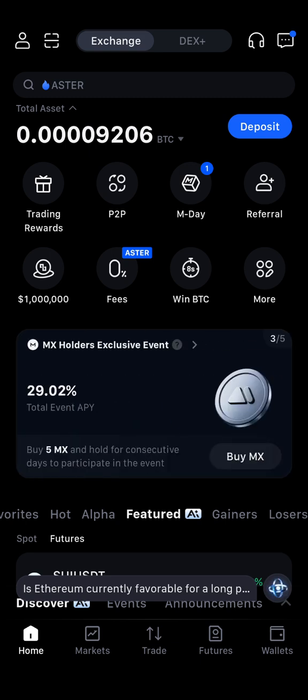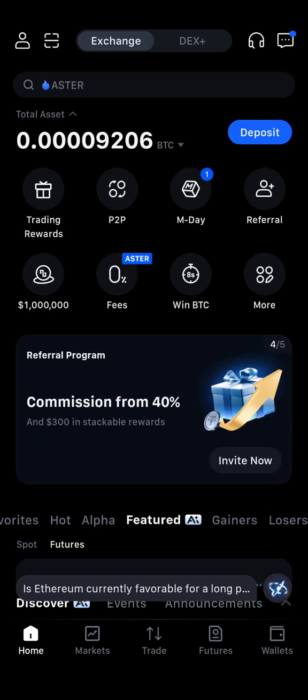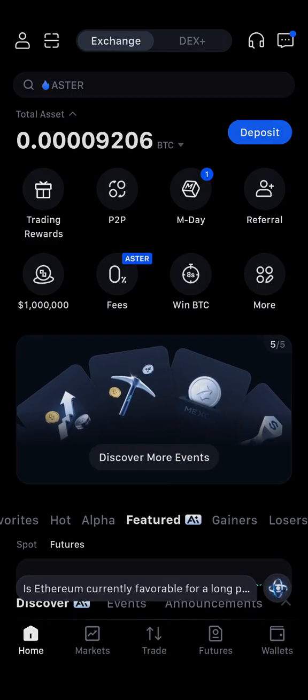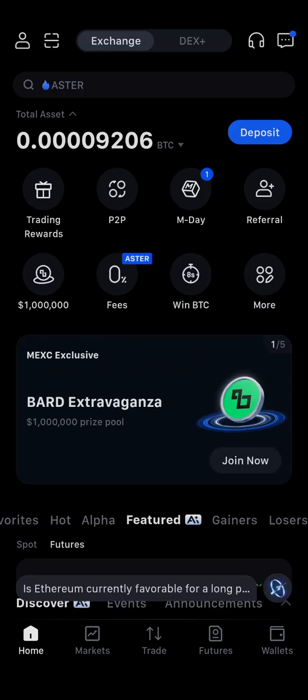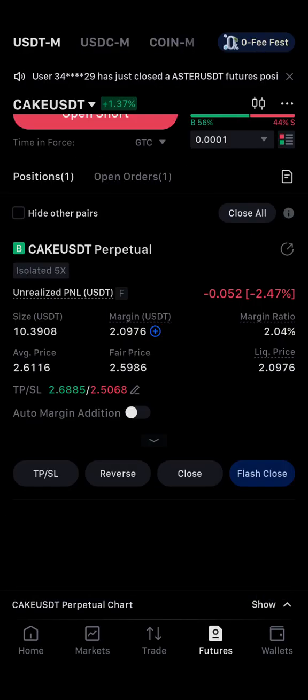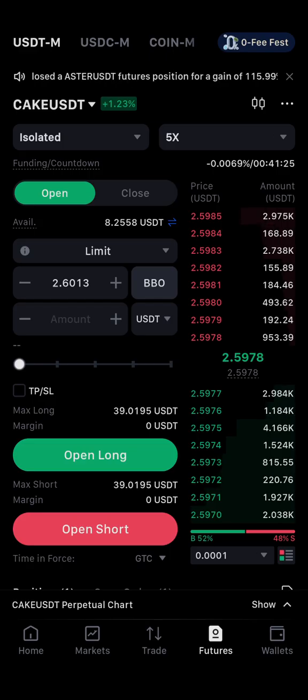So now, having funded your wallet and sent the money into the futures section in this MEXC Global exchange, you are going to be clicking on futures here. When you click on futures, there are two categories.